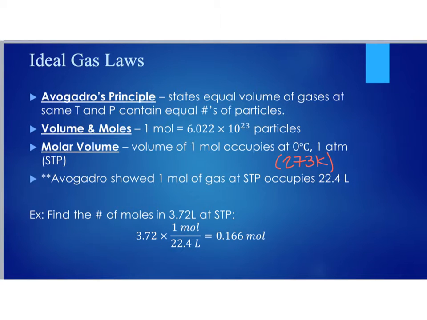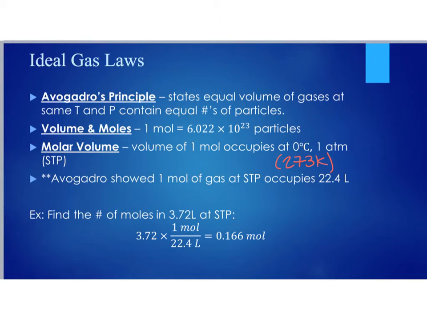We have also done some work with Avogadro's number, and we know that 1 mole of a gas at standard temperature and pressure is going to occupy 22.4 liters. So we've used this as a conversion factor before as well.